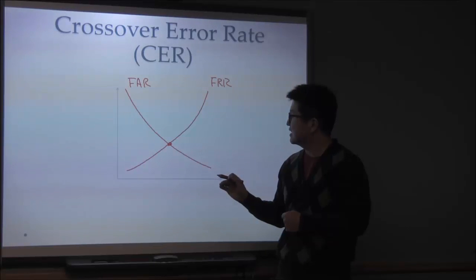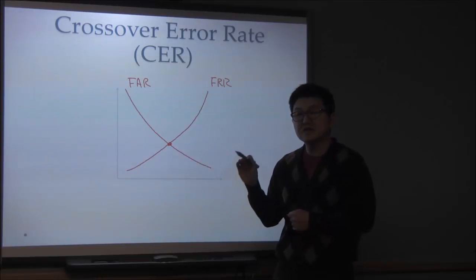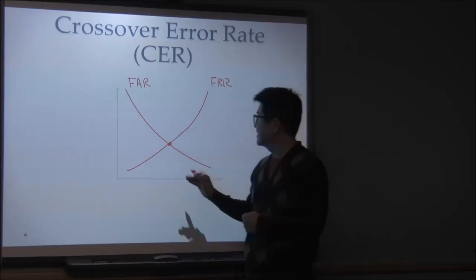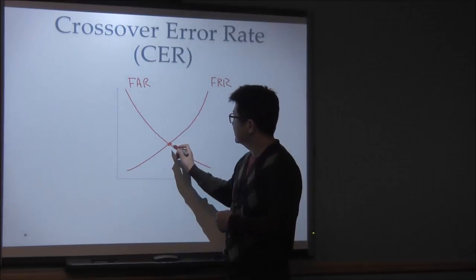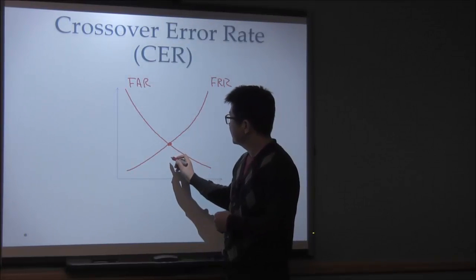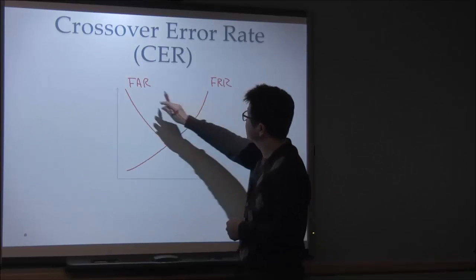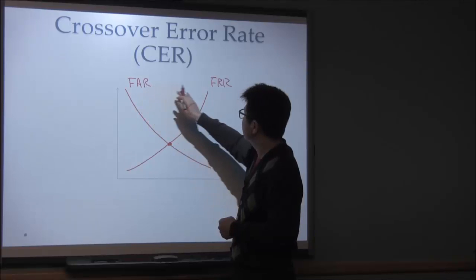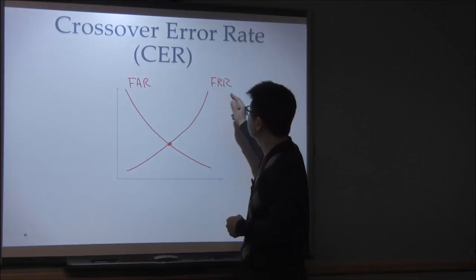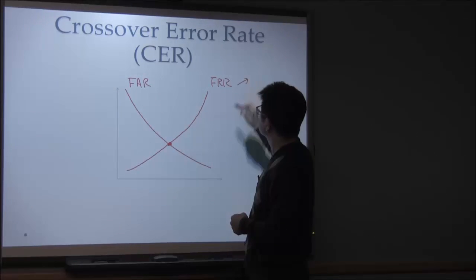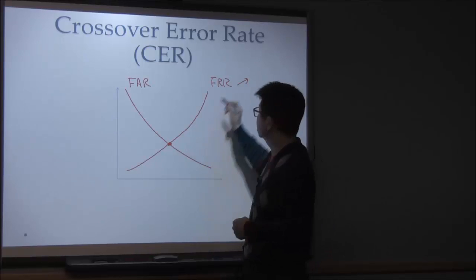But at the same time, the desired system is one where that intersection point is as low as possible. For example, let's say this is the false acceptance rate and false rejection rate of a particular biometric system, system 1.